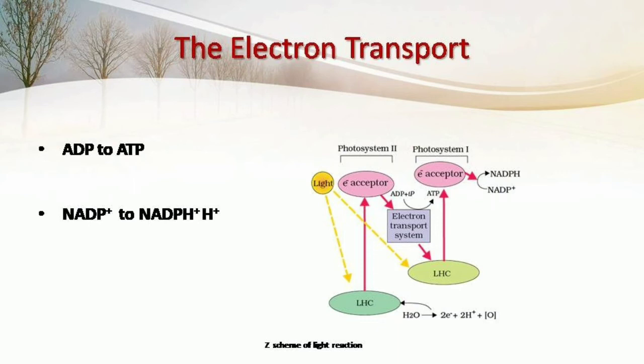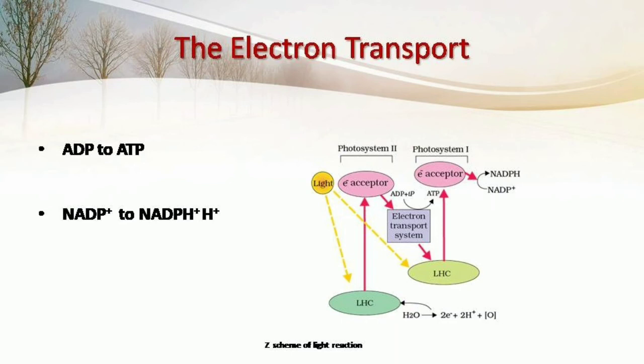As the electrons pass through the electron transport chain, the energy from the electrons is used to pump hydrogen ions from the stroma into the thylakoid, creating a concentration gradient. This gradient powers a protein called ATP synthetase, which phosphorylates ADP to form ATP.